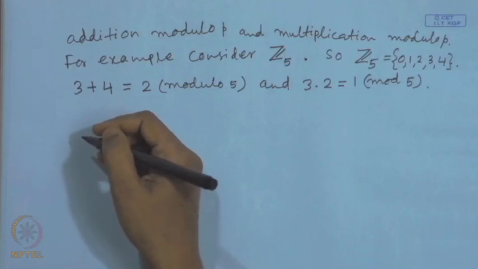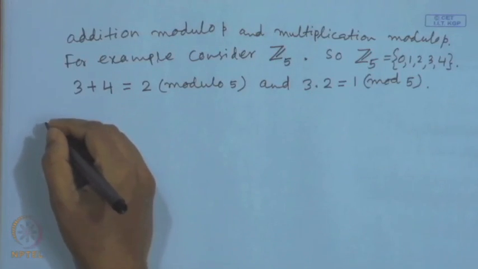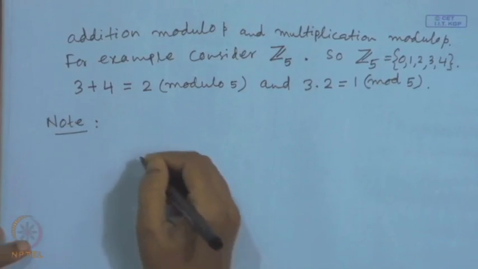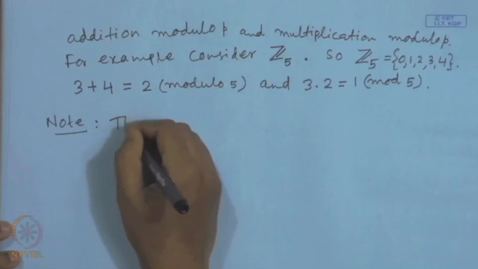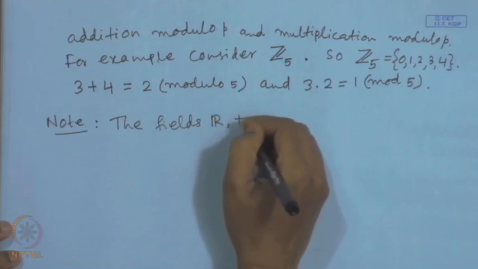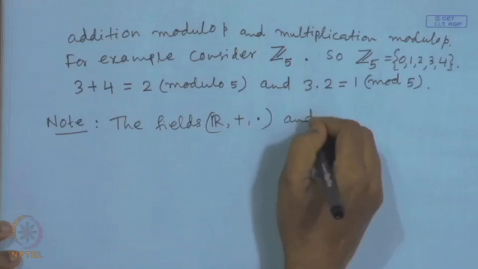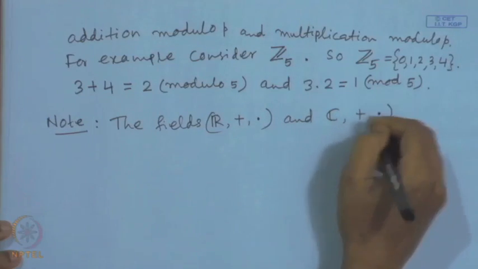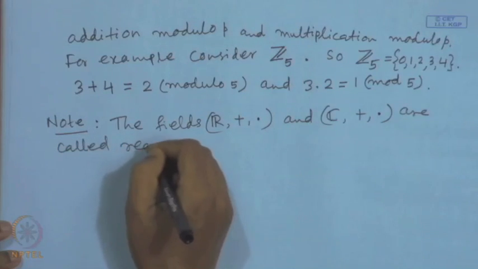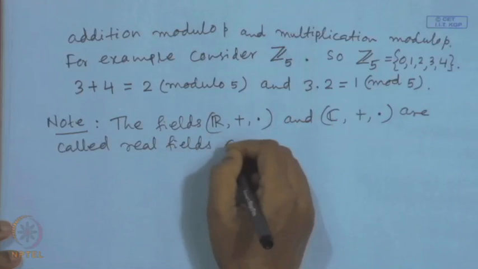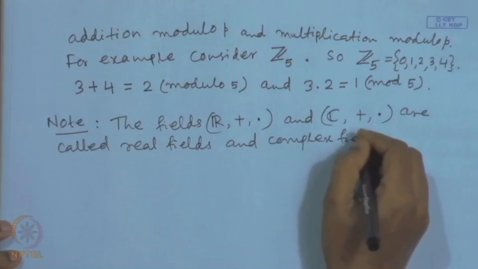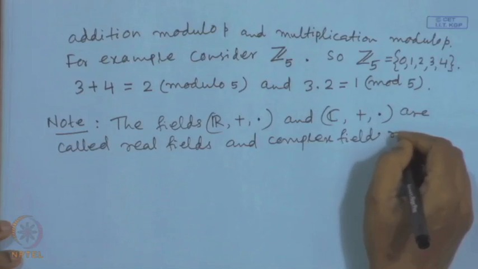So now, note that the fields R plus dot and C plus dot are called the real field and the complex field respectively.